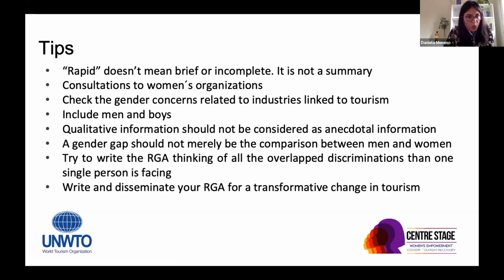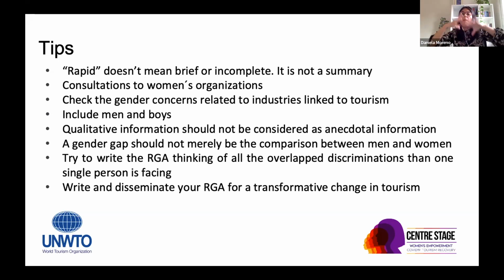Then try to write your rapid gender assessment thinking of all the overlapping discrimination that one single person is facing. I mean, for example, Black women working in tourism may face overlapping discrimination because they are women and they are Black, or maybe indigenous women, or maybe women from different social classes, they face other types of discrimination that are overlapped.